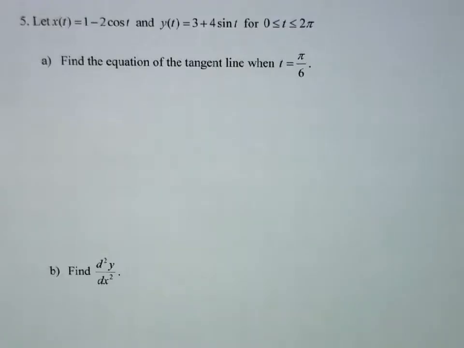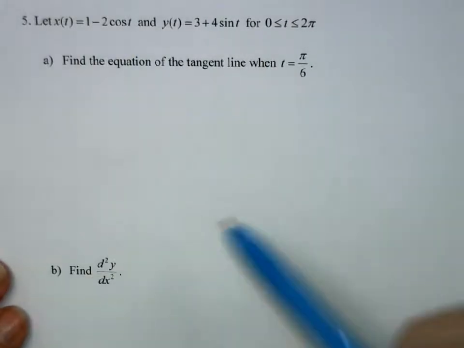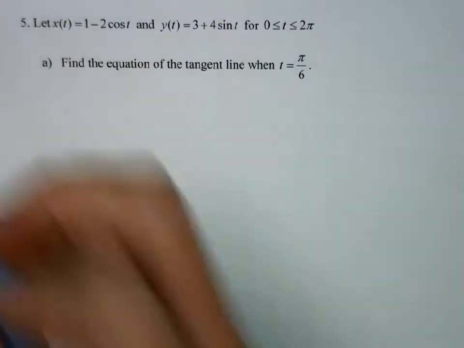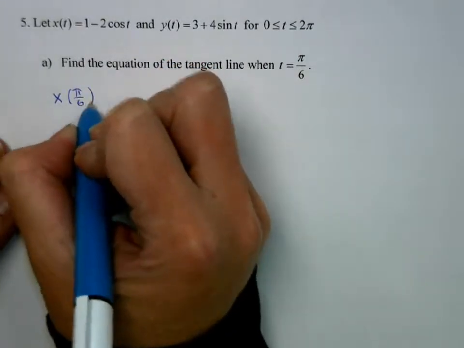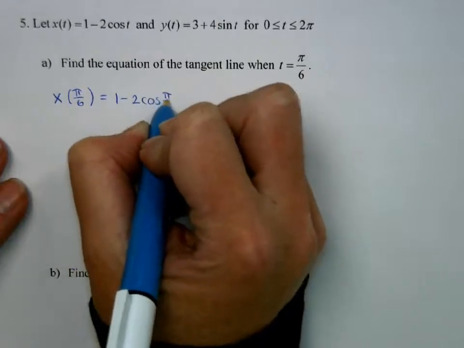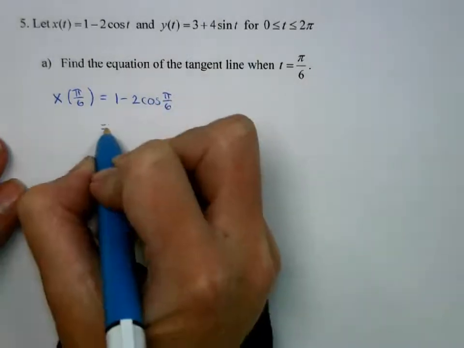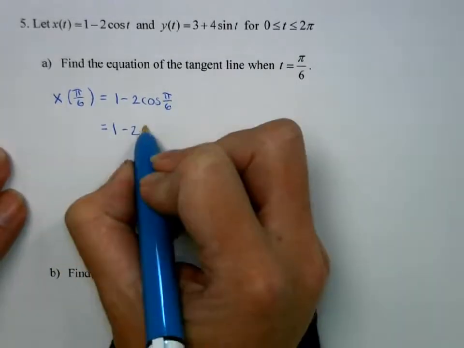Okay, for number 5, we're going to write the equation of the tangent line when t equals pi for this parametric equation. So we need our point and we need our slope. Okay, from the unit circle, the x value at pi over 6 is root 3 over 2.